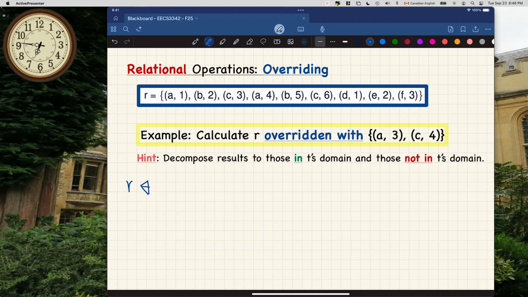You want it just like this. And then I got T. R is a relation, and T is also a relation. And this will be equal to, by definition.